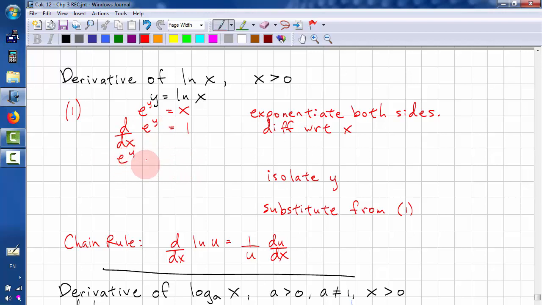It's e to the y, and then we have y prime equals 1. So y prime equals 1 over e to the y. So y prime equals, substituting back, 1 over x. And that note comes from there. And again, we have the chain rule. d dx of ln u is 1 over u du dx.